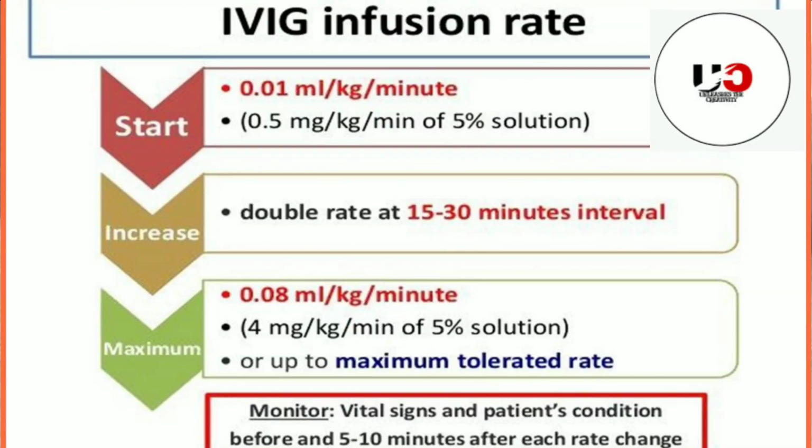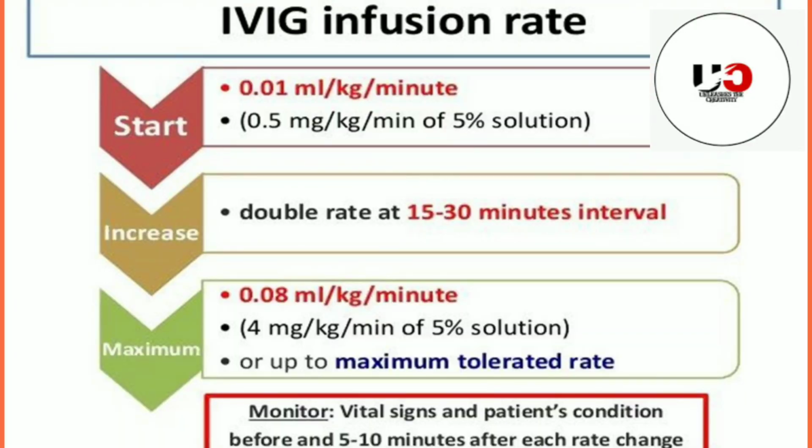The symptoms also will decrease. Now we will move to the infusion criteria, or how it should be infused based on the body weight and the symptom criteria. First we start with 0.01 ml per kg per minute, or in mg, 0.5 mg per kg per minute of 5% solution.